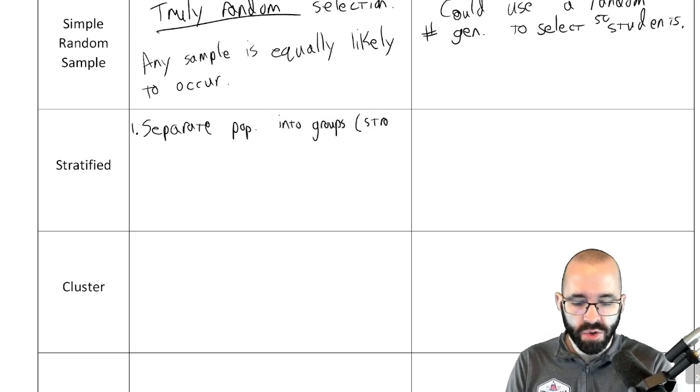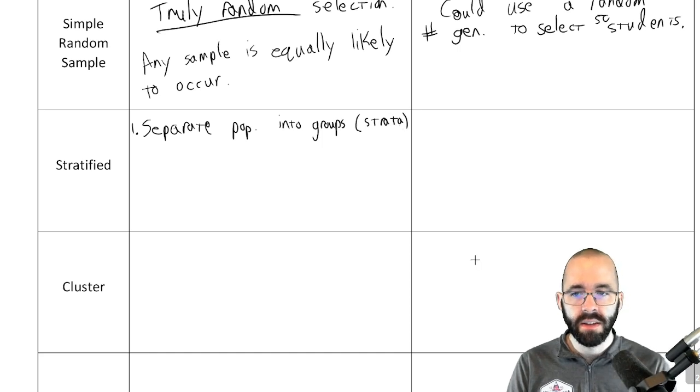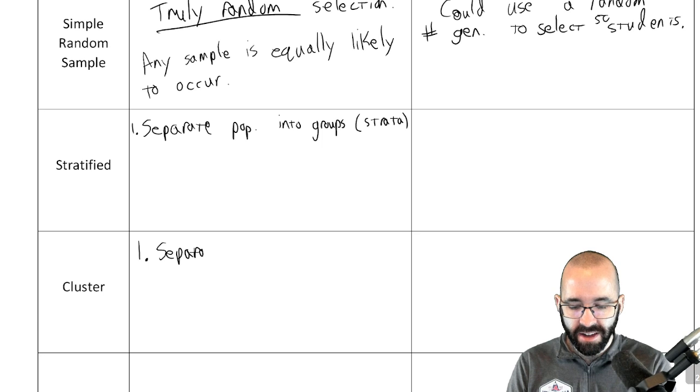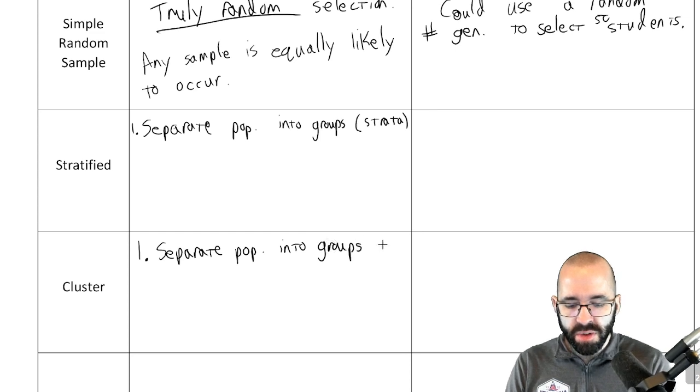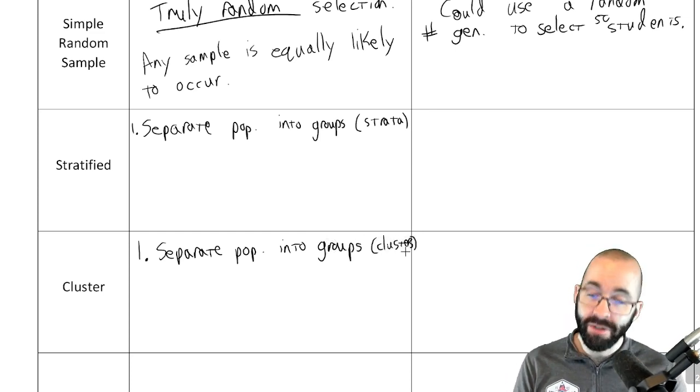These groups are called strata. For cluster sampling, that's also how we start. Although for cluster sampling, we separate them into groups, but these groups are called clusters. We're very creative with our terminology, I know.